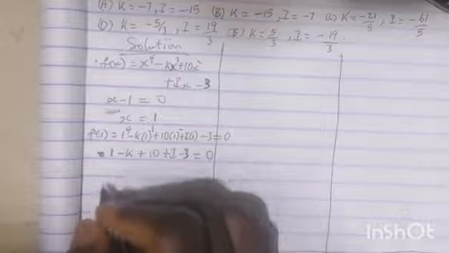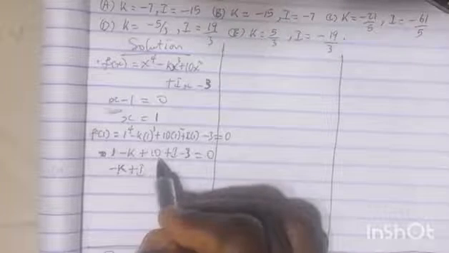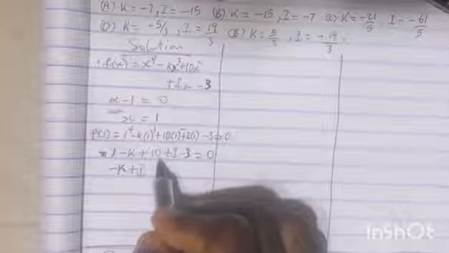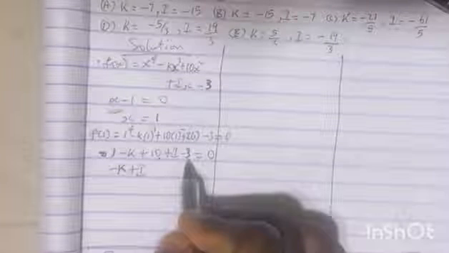So taking these together, I'm going to have minus k. Let me bring out the constant first. Plus l. So I have 1 plus 10, that will be 11. 11 minus 3 will give me 8. So that will be plus 8 equals 0.